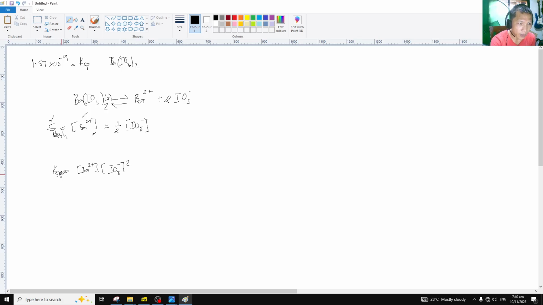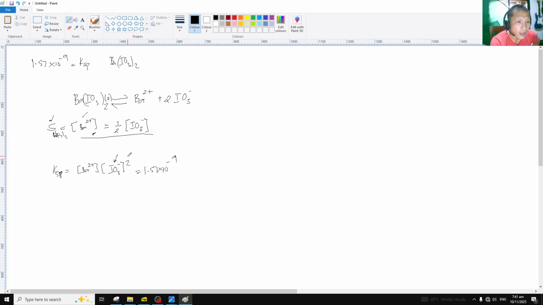Okay? So, next, after you establish this one, we plug the KSP, which is 1.57 times 10 to the negative 9. And then, if we want to get this one, we should be equating iodate into barium, which is this guy over here.